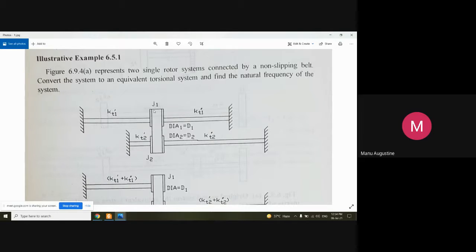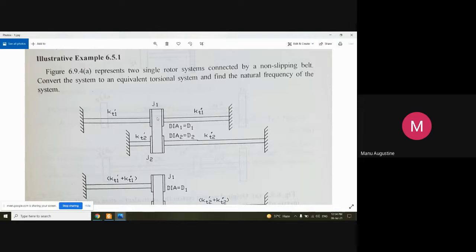So, you see, this is pulley number one. Pulley number one is connected through belt to pulley number two. So, the inertia is only on the pulleys. Okay. On the left side of the pulley, there is a shaft of stiffness KT1 dash. On the right hand side of pulley 1, there is a shaft of stiffness KT1 dash. So basically these two are the same shaft material continuing through the pulley.